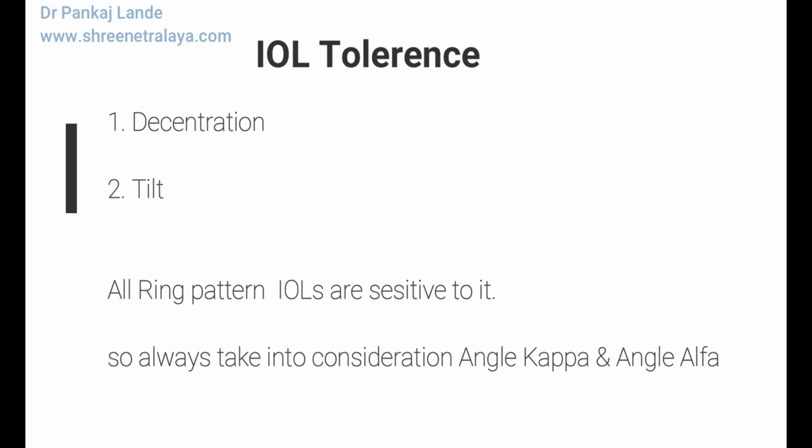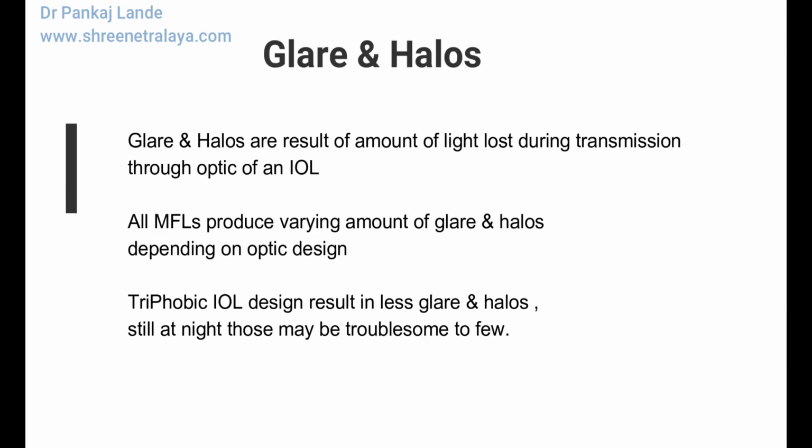All multifocal and trifocal IOLs are sensitive to decentration and tilt. Next important parameter is glare and halos, which is part and parcel of multifocal and trifocal IOL designs, though a trifocal IOL has a lesser amount of glare and halos.